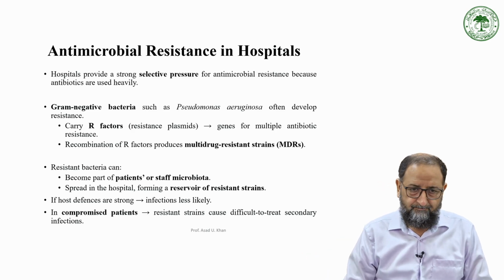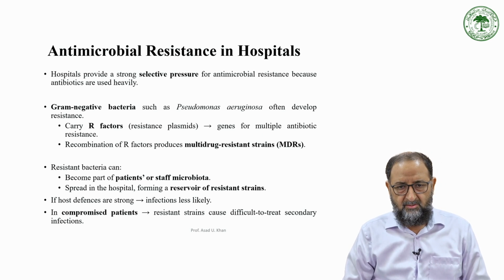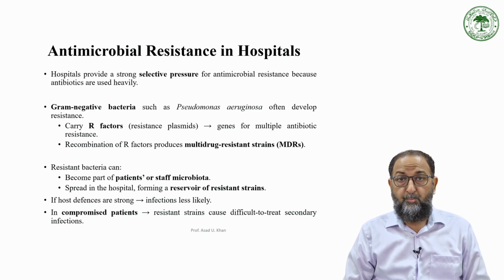In compromised patients, those on cancer treatment, AIDS patients, or low immunity patients, are more prone to such resistance, and resistant strains are difficult to treat in such patients because of the immunocompromised state.